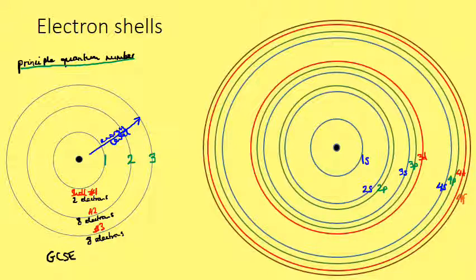So the 4s subshell ends up being filled with electrons before the 3d.